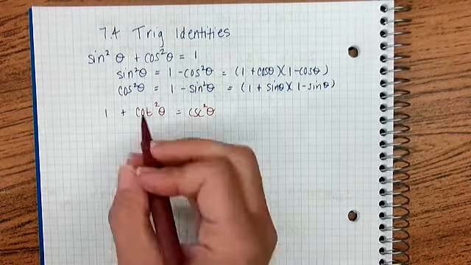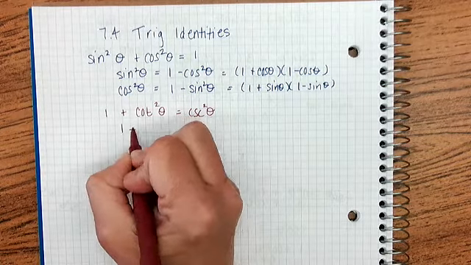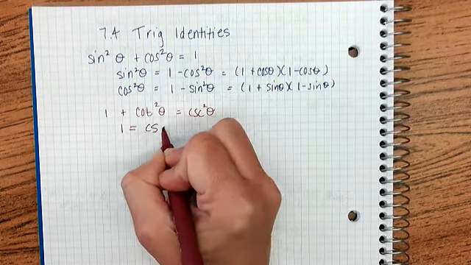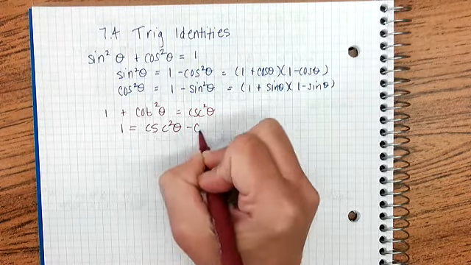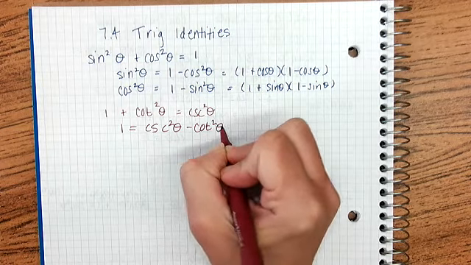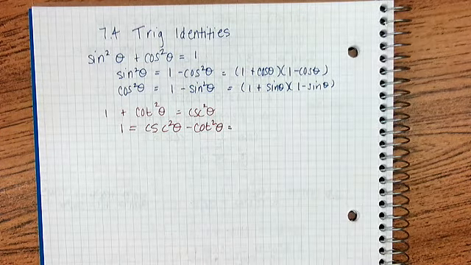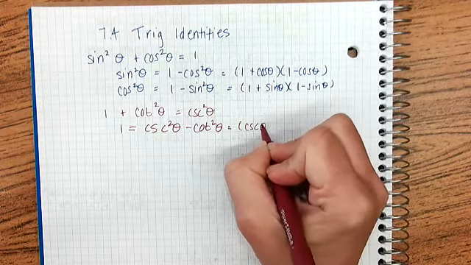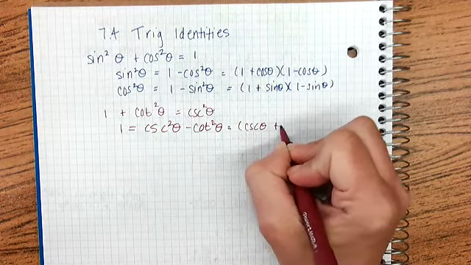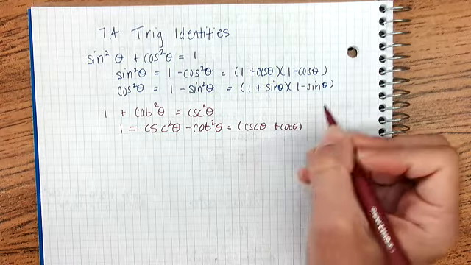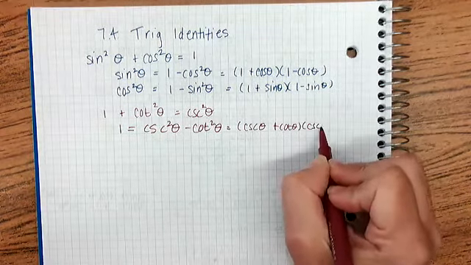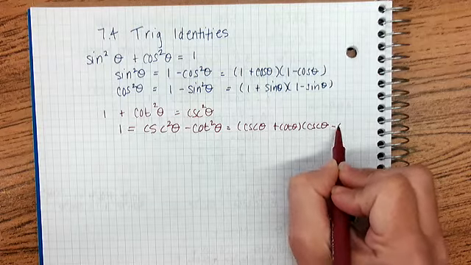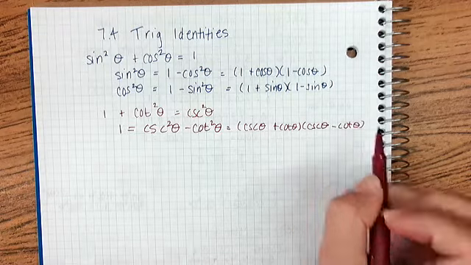You can also then say that 1 is equal to cosecant squared minus cotangent squared, and you can probably see where I'm going with this. Difference of two squares: cosecant plus cotangent times cosecant minus cotangent.